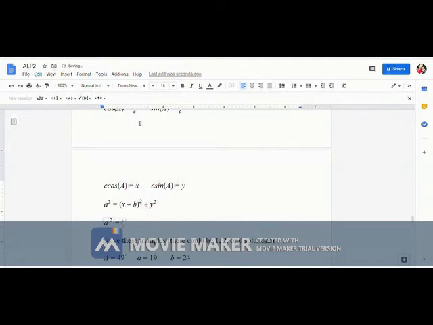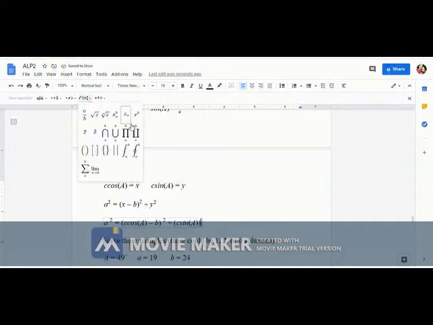Okay, but then up here, we know that x equals c cosine a, so we'll substitute that in, minus b, squared, then plus c sine a, squared. We're just substituting for y here, but we got to keep that squared.